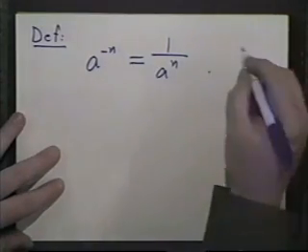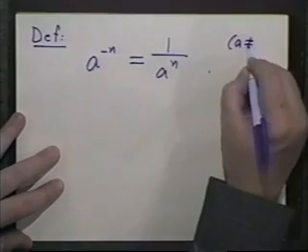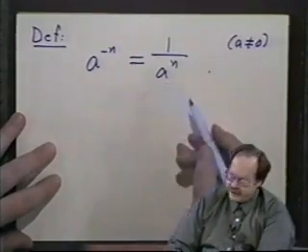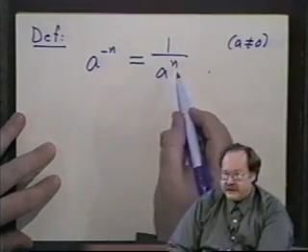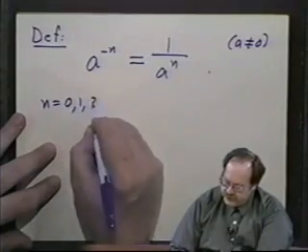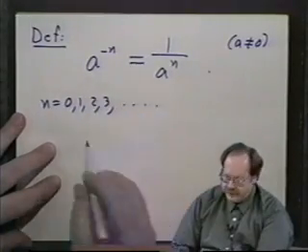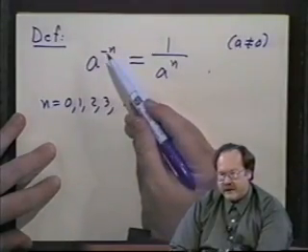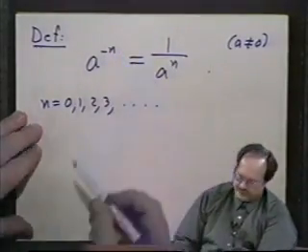Now this has a little bit of a restriction. A can't be 0. That makes sense because we don't want to divide by 0. We already know we can't do that. And the only n's I'm talking about here are n equals 0, 1, 2, 3, etc., because these we've already defined powers for. And so now we have them all defined for negative numbers.